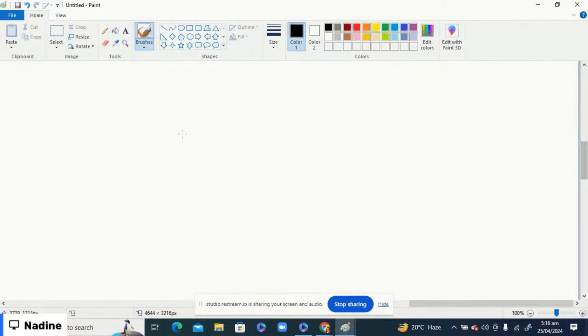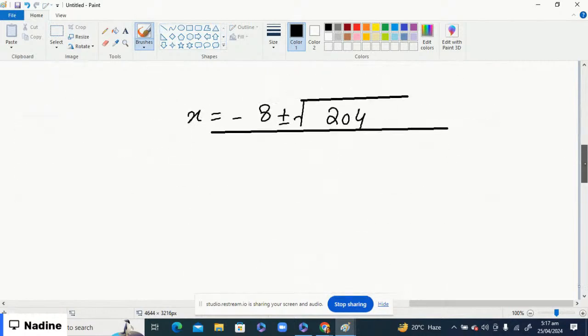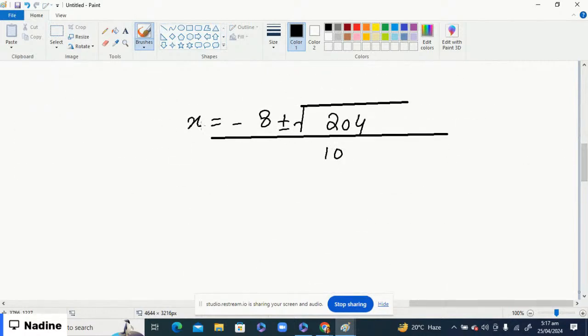So how can we solve it? x is equal to minus 8 plus minus square root of 204 over 10. Split it into the plus 1 and negative 1.